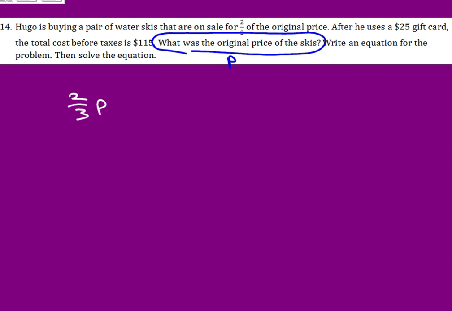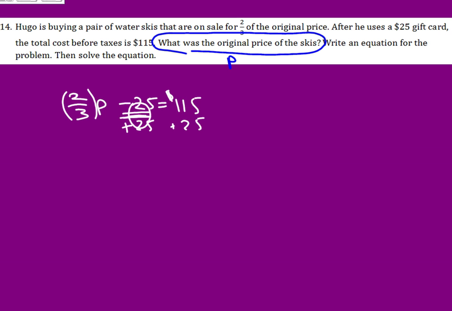So we're going to take 2/3 of the original price, minus 25, and that's going to equal 115 bucks. He used a $25 gift card, so knock off $25, and this is the cost before taxes. The setup is the really important part. Remember, you're taking $25 off for the gift card, so that's what I'm going to add here.